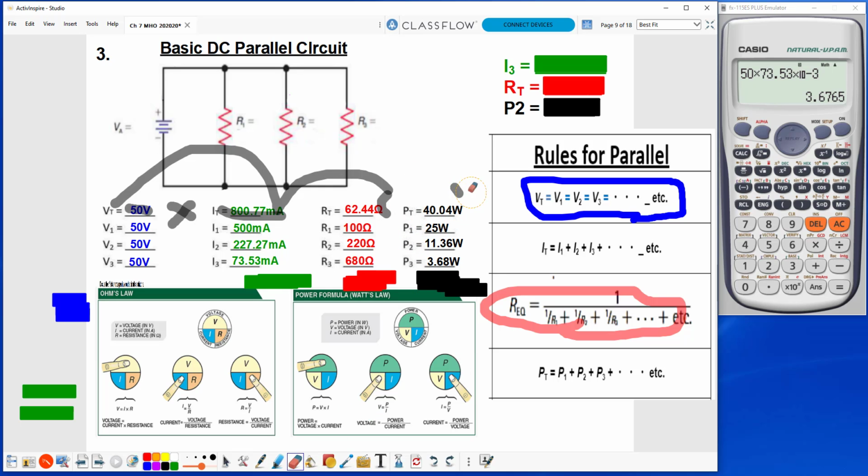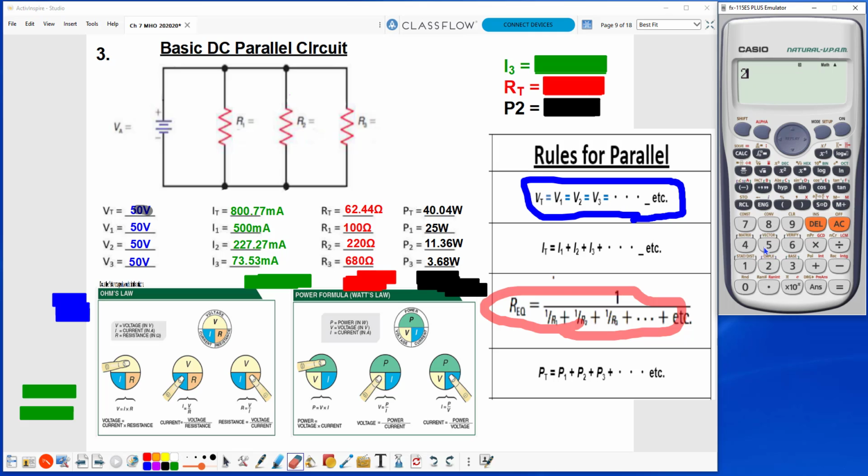So let's check our work here. Let's add these up and see what it comes to. Alright, so we got 25 plus 11.36 plus 3.68 equals 40.04 watts. So that's good.